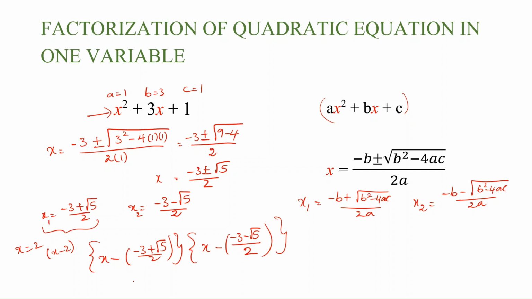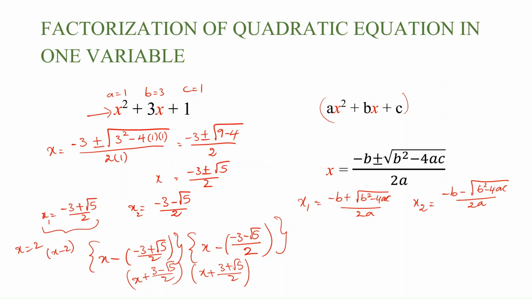You can take minus in, that gives us x plus 3 plus root 5 upon 2 as the factors.